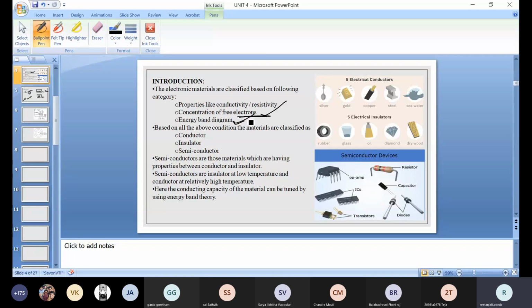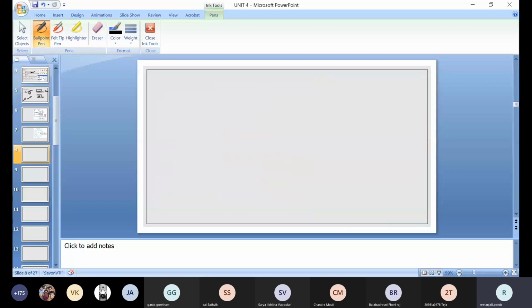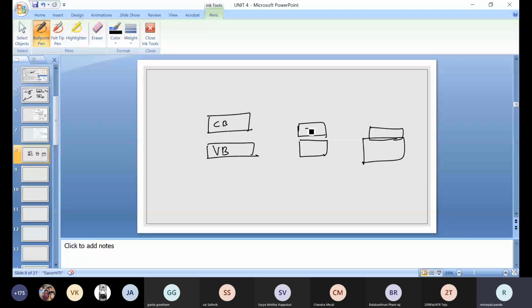If I plot a graph, this is a conduction band and this is a valence band. Then we have three cases here. This is a conduction band, this is the valence band, and here also a conduction band and valence band. Now you see this valence band and conduction band overlap with each other.